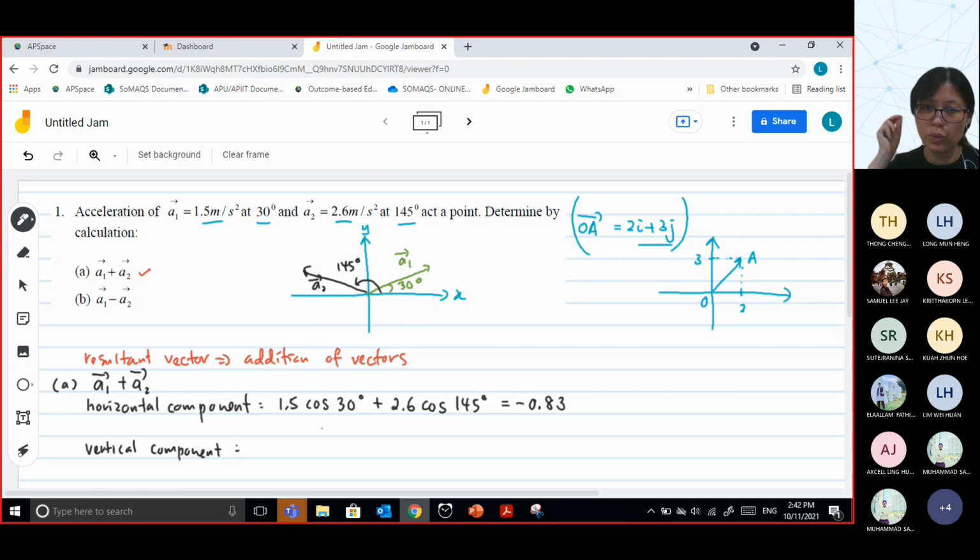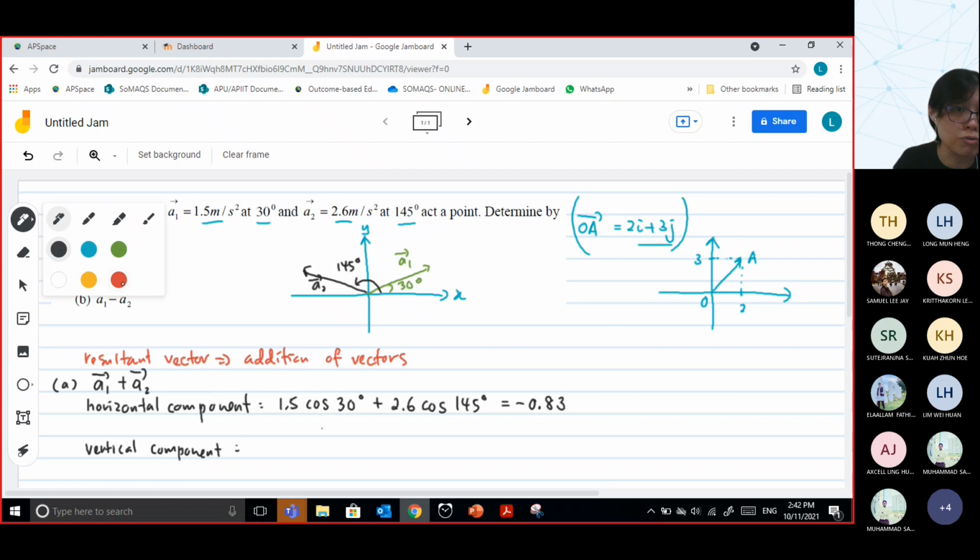Then come to vertical component. Remember, since we are always using the angle from the positive x-axis, when you calculate the vertical component, all the values remain, you are just changing the cos to sine.